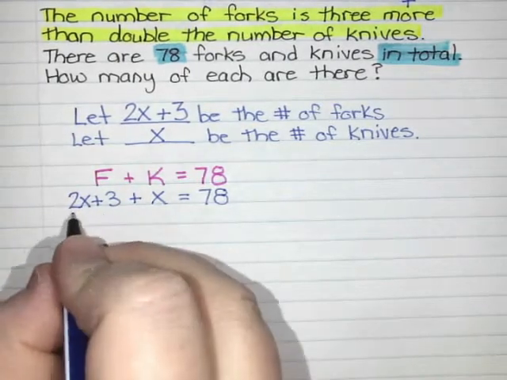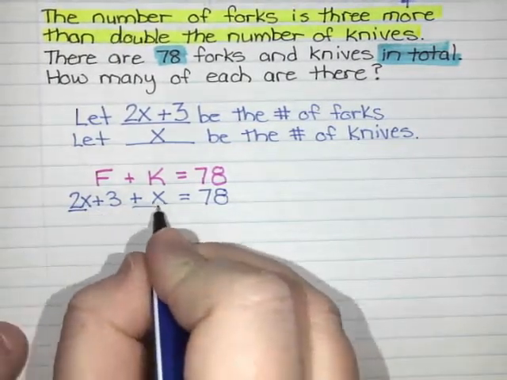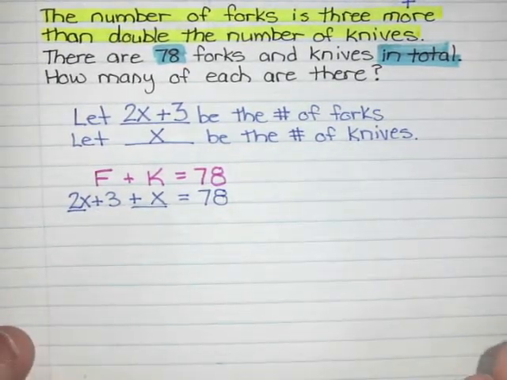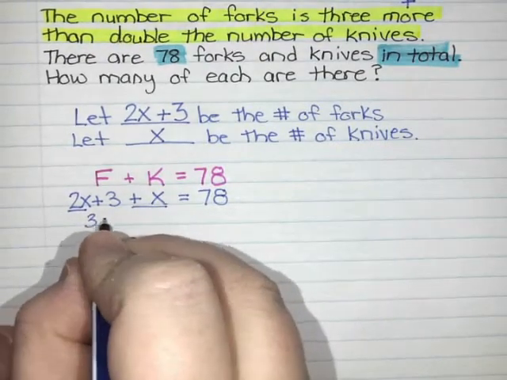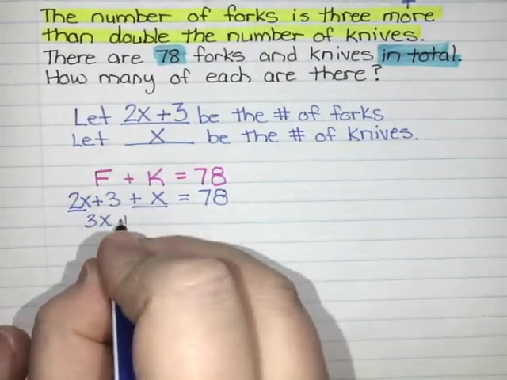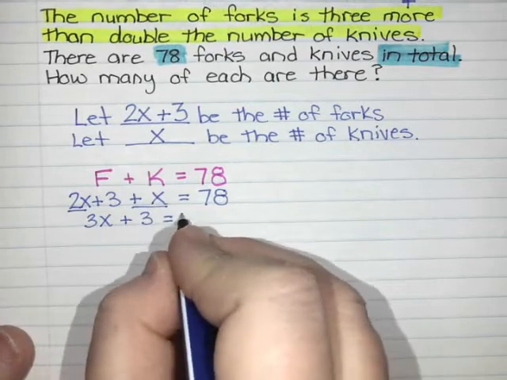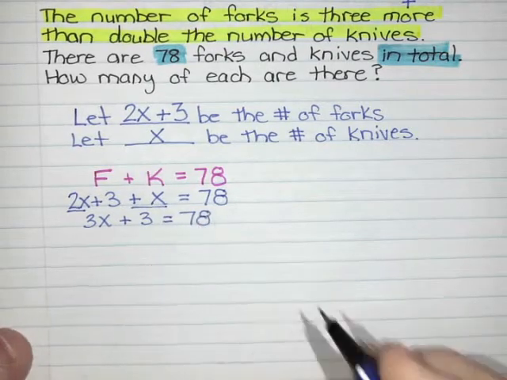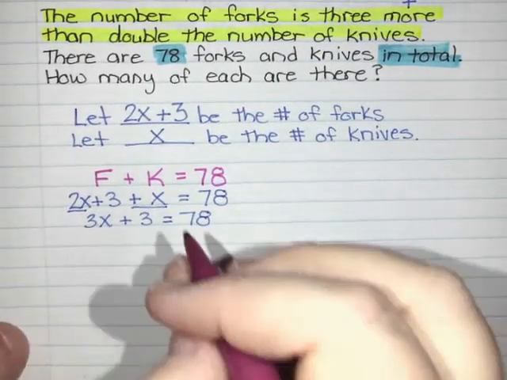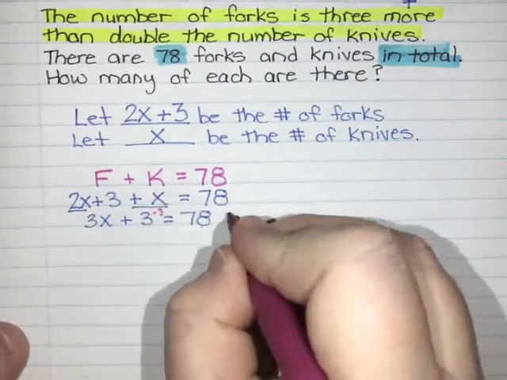I notice that we have like terms. I'm going to add together my like terms first. 2x plus 1x makes 3x. And then plus 3 equals 78. Then we're just going to solve. I'm going to subtract 3 from both sides.